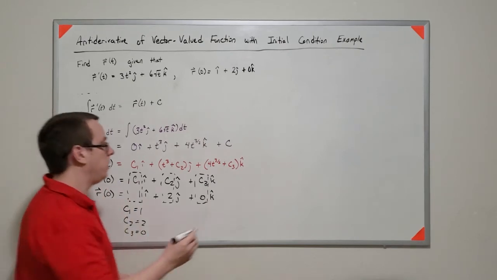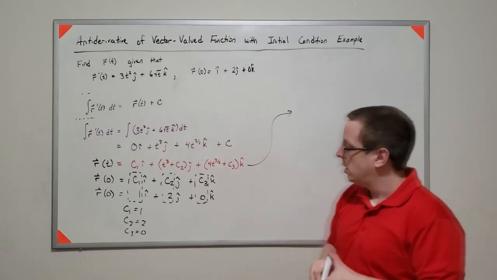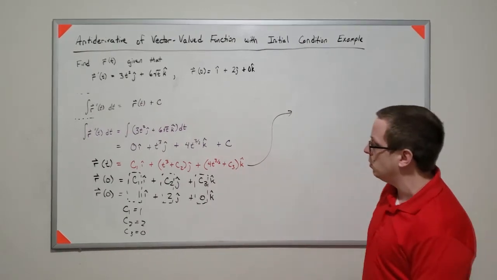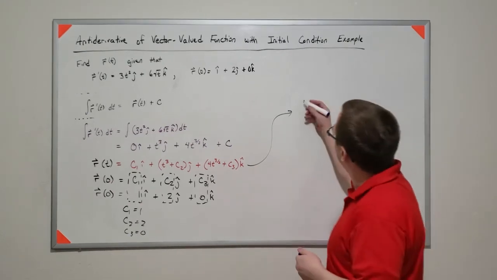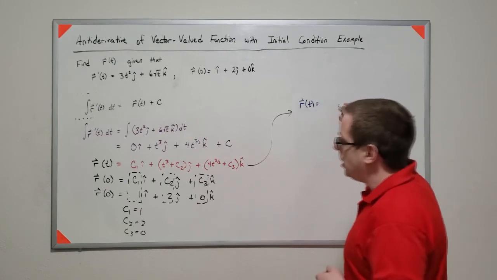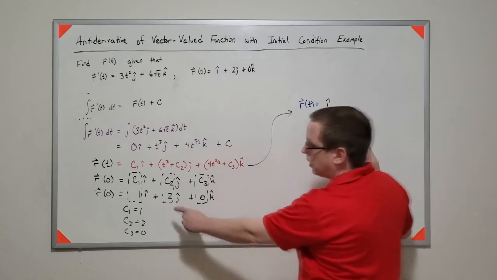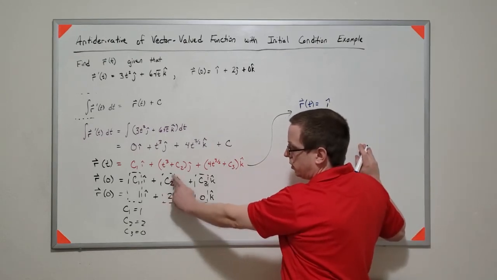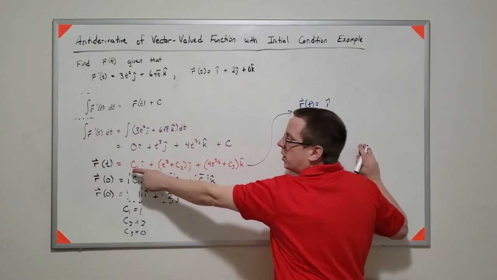So what we can do then is take this equation and the fact that we know these values, and we can write our final answer as r of t is 1 i, so it's i, and t cubed. We use this equation as the one we want.